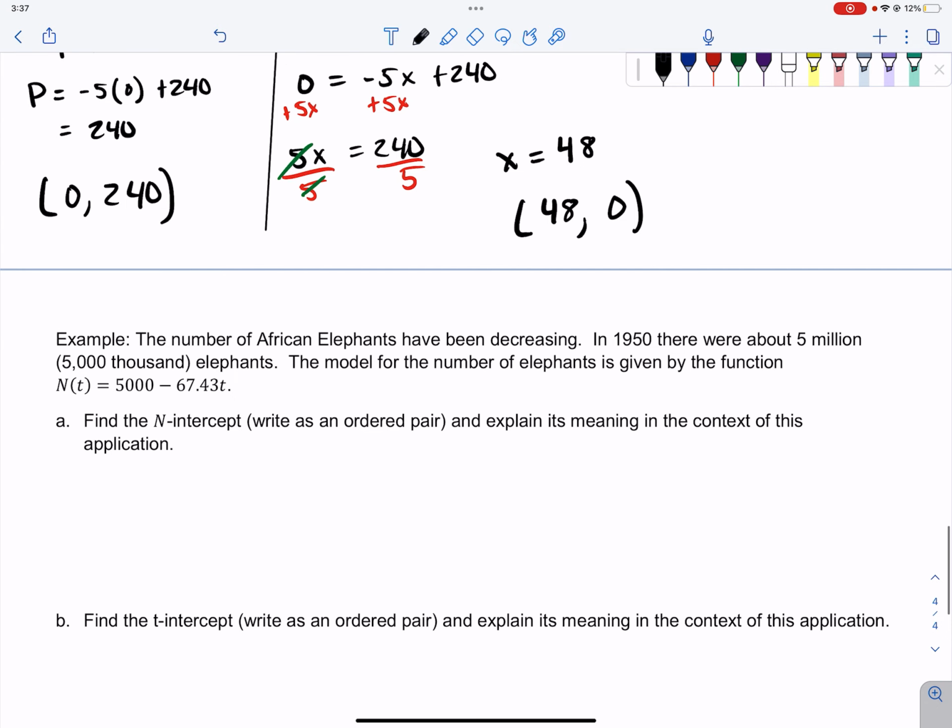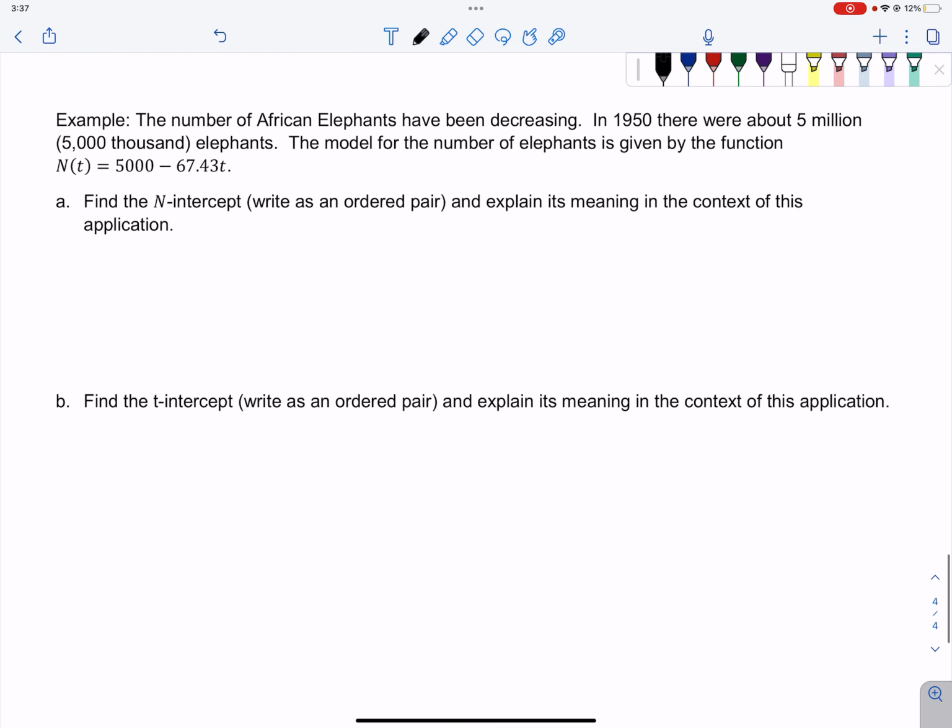Lastly, let's work through a word problem with finding intercepts, so that we can explain what they mean in the context of an application. We have been told that the number of African elephants has been decreasing, and in 1950 there were approximately 5 million elephants, which is the same thing as 5,000 thousands of elephants.